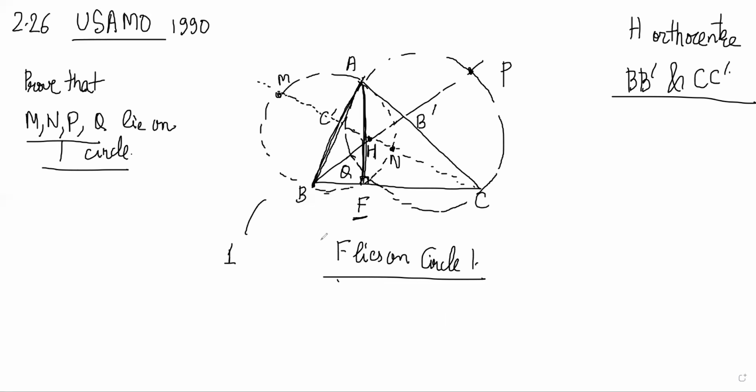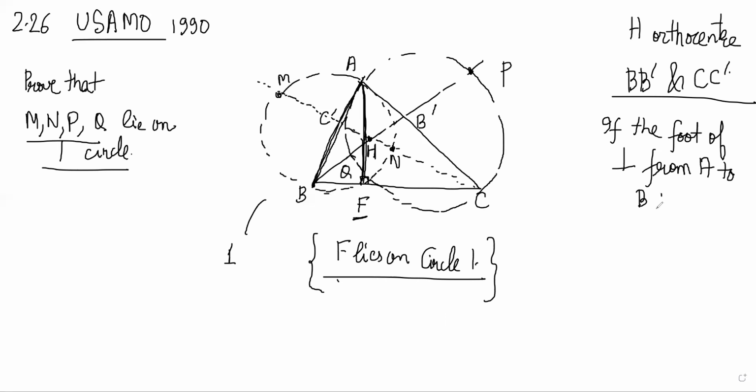If the foot of the perpendicular altitude from A to BC is F, then can we say that F lies on circle 1?